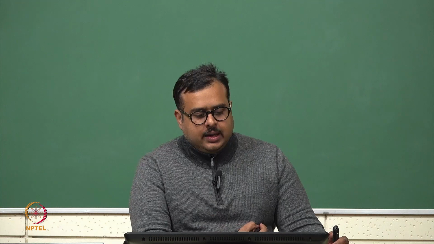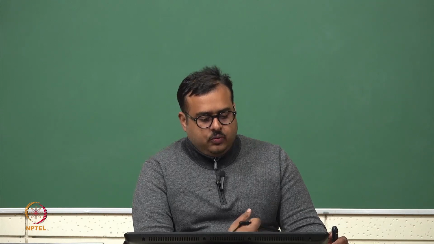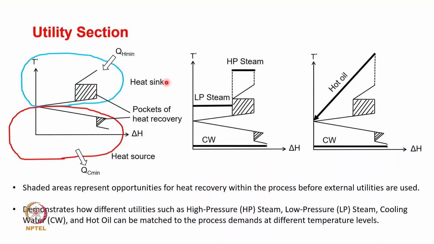So next is selecting the utility. How to select the utility? This is the typical T versus H curve, and you need to add hot utility here, and cold utility here.